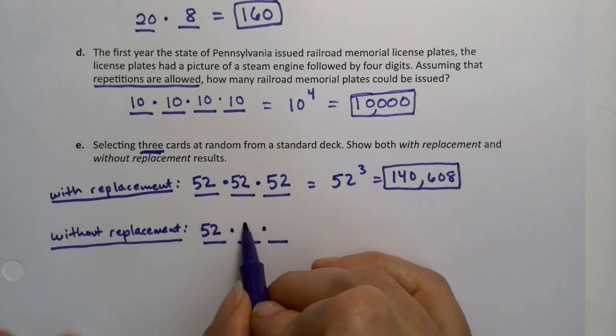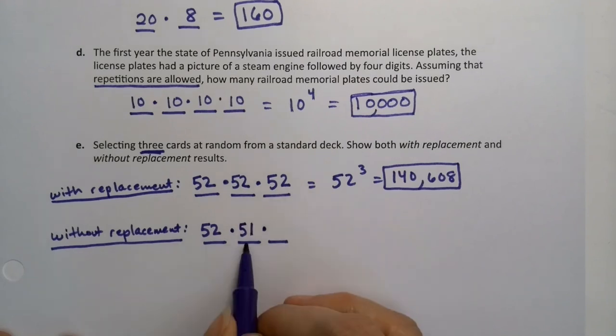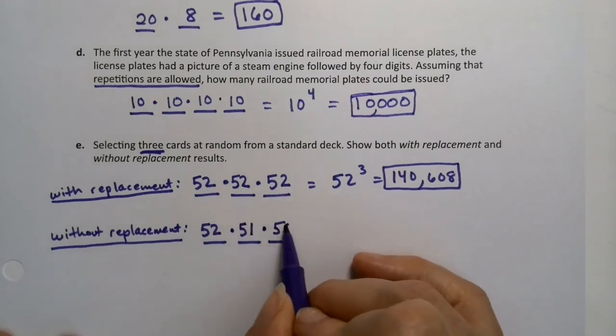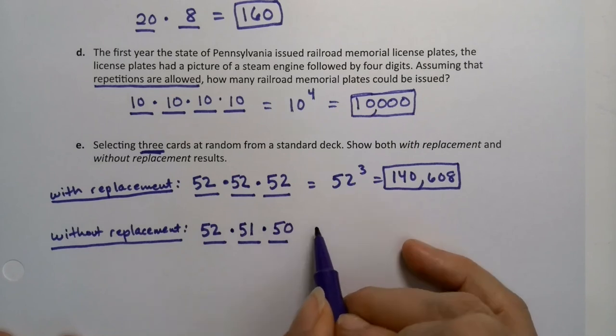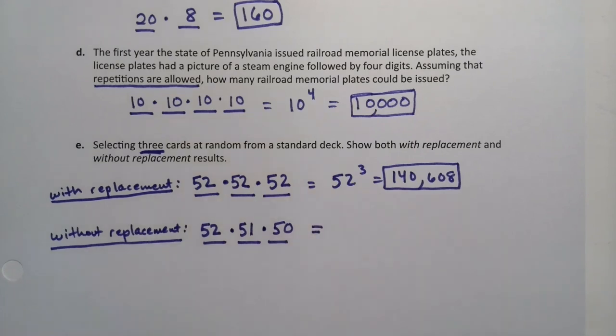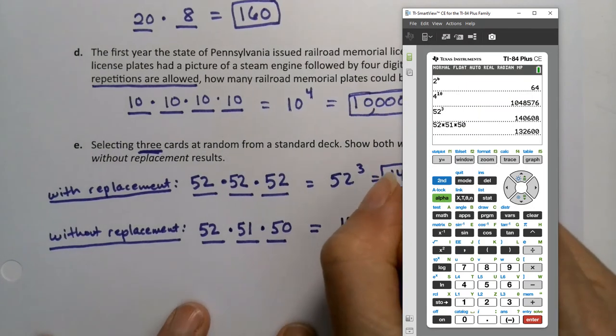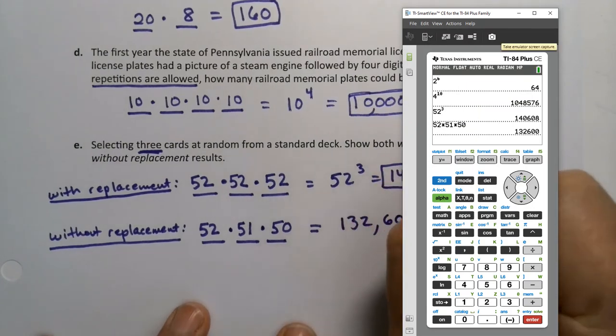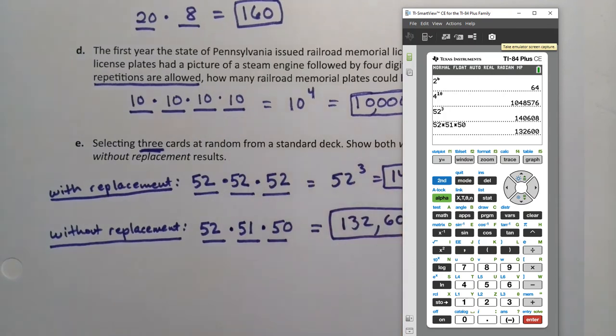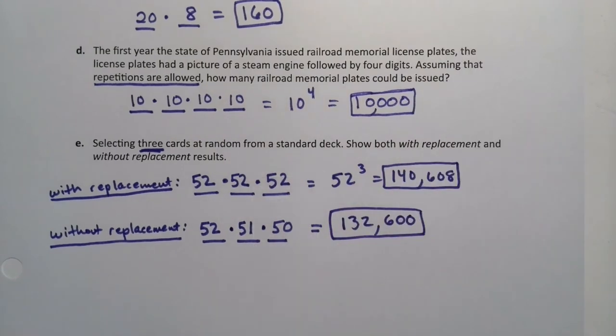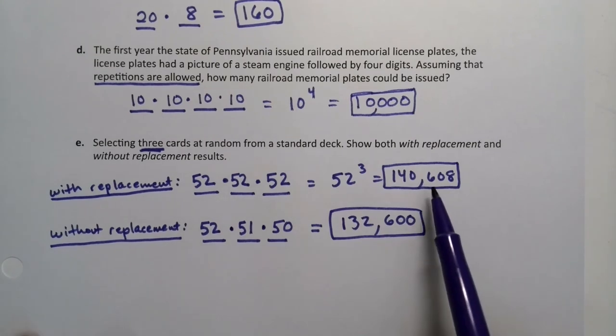So then there's only 51 cards left for your next choice, and 50 cards left for the next choice after that, right? Because every card that's dealt is one less card left in the deck for you to be choosing from. So 52 times 51 times 50 is 132,600. It's slightly smaller than the number with replacement.